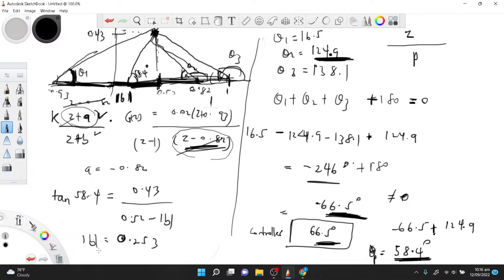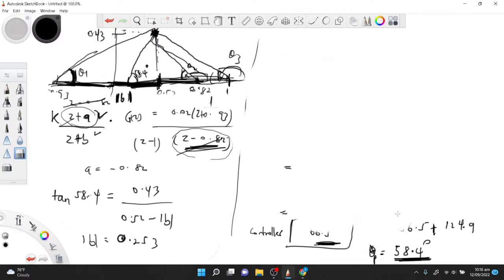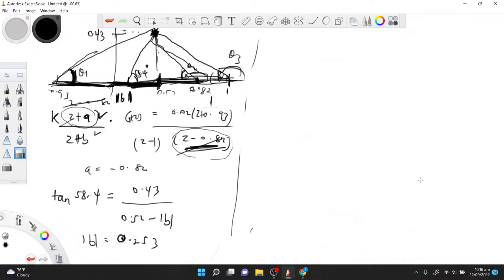So B is 0.253, and that's the magnitude. So you are saying Z is equal to 0.253. To write it in this form, I must cross this here, so I get z minus 0.253.